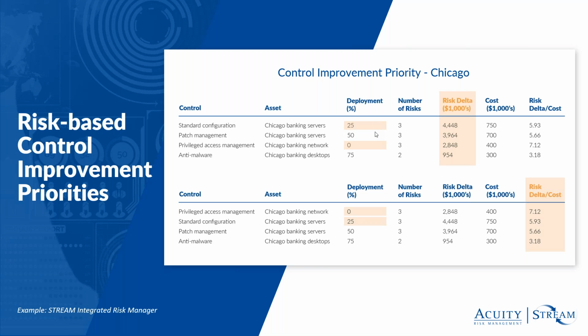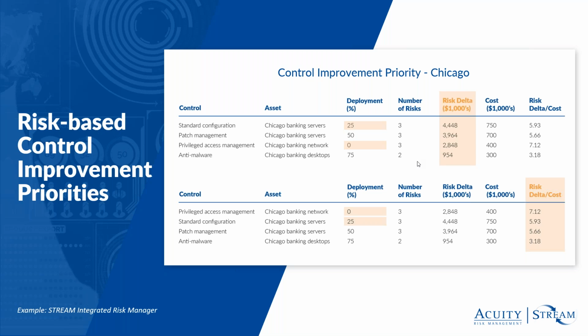But we found that the implementation, the effectiveness of these controls is poor. And we've rated them on a scale of 0 to 100%. And you can see here we've highlighted those that are particularly weak in their implementation.